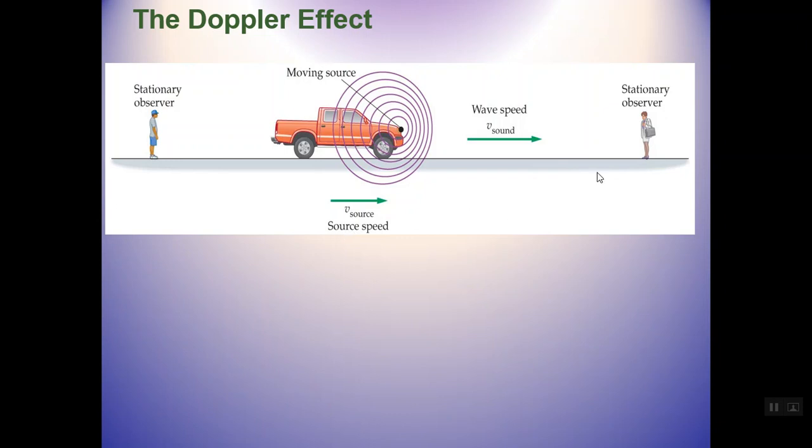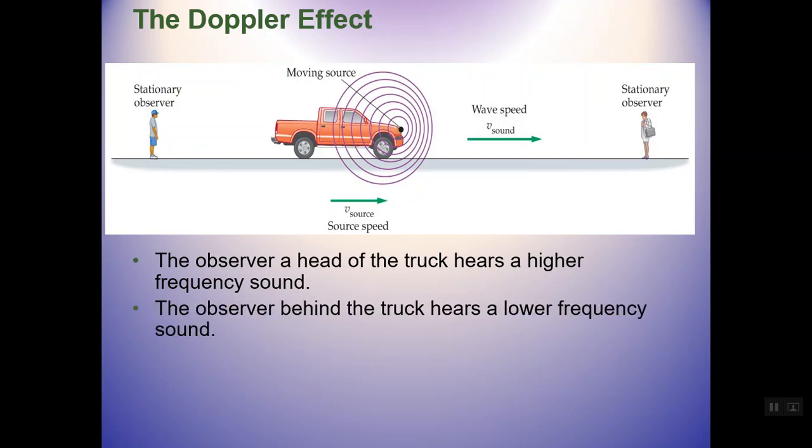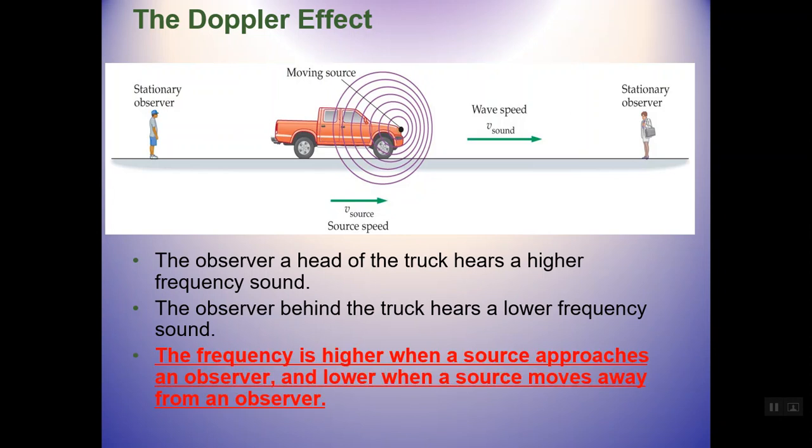The observer ahead of the truck hears a higher frequency sound because the source is moving toward the observer. An observer behind the truck hears a lower frequency sound because the source moves away from the observer. We can conclude the frequency is higher when a source approaches an observer and lower when a source moves away from an observer.